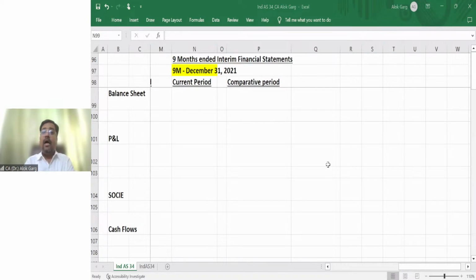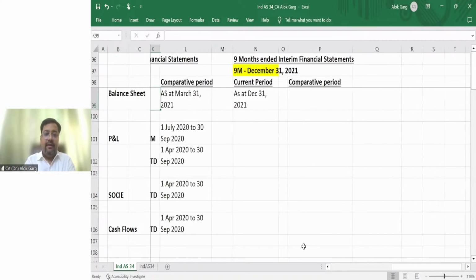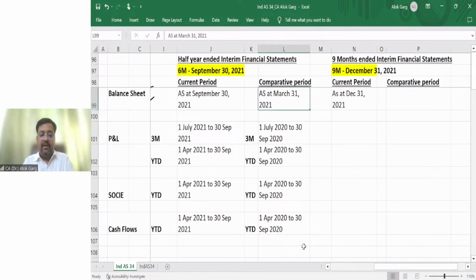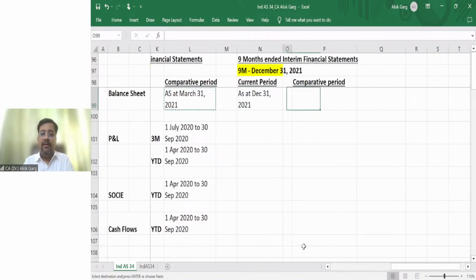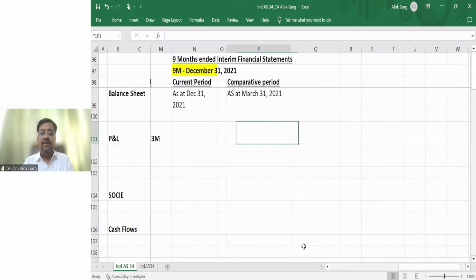Okay. Now for 9 months, your balance sheet will be for the current period as at December 31st, 2021, right? And the last year ended will be March 31st, 2021, right? Your P&L will be for the current quarter, which is 3 months.